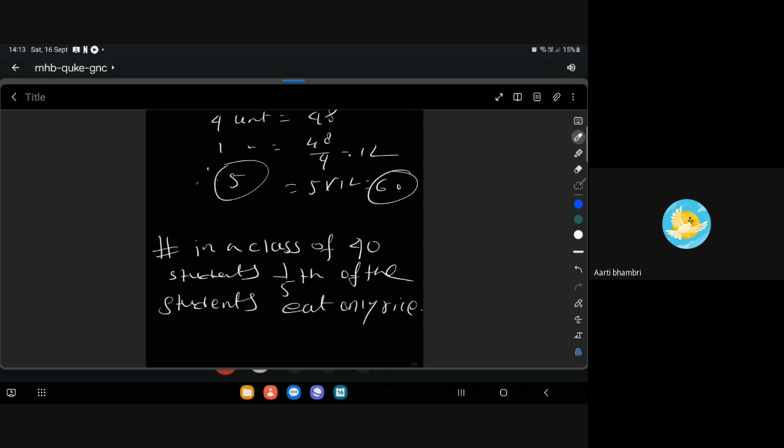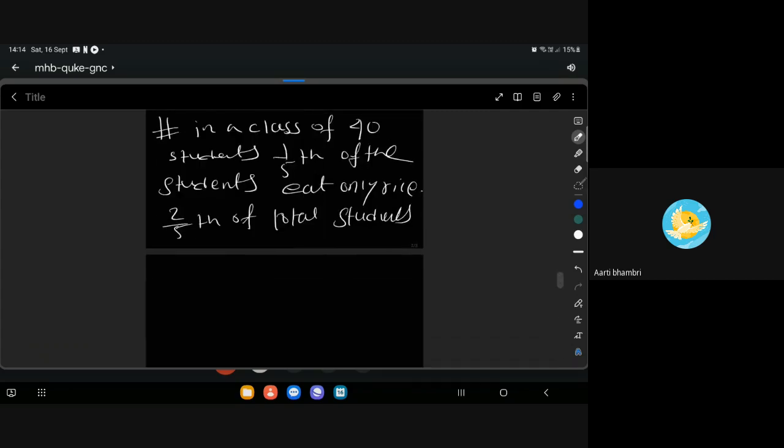The total number is 40. One fifth of them eat only rice. Two fifths of total students eat only chapati. Only chapati. Remaining students eat both.